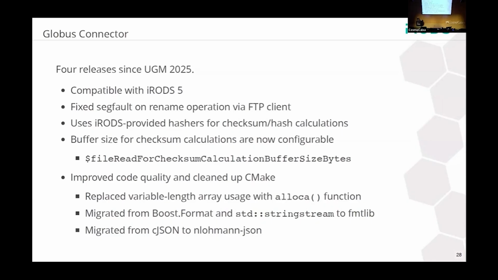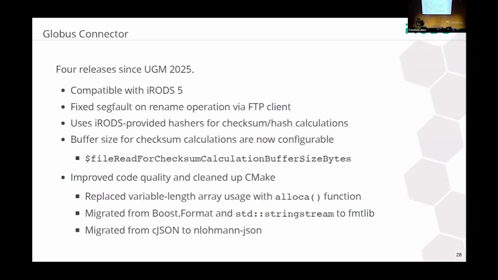Now iRODS supports more, so that's all in the iRODS code base that Globus uses when it compiles the plugin or the connector. So depending on the iRODS version, we'll either use the checksum hashes that are still in the Globus code, or we'll use the iRODS versions.